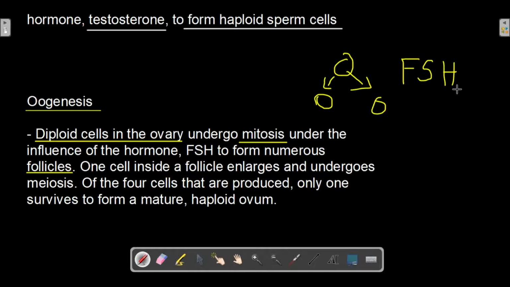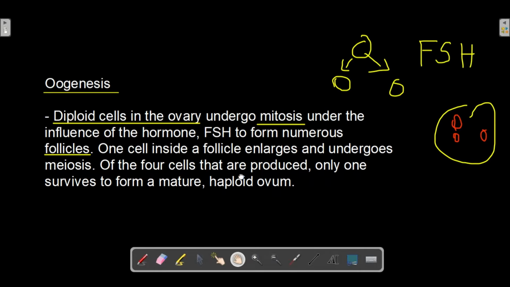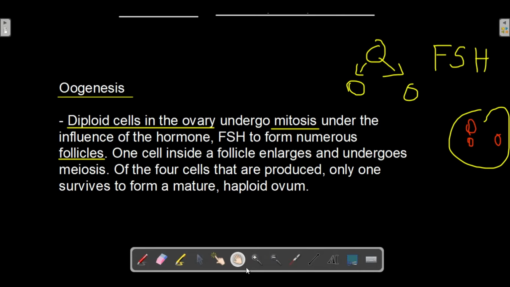The follicle stimulating hormone initiates the production of follicles. Follicles are structures inside which egg cells grow and mature. So these follicles are formed by the mitosis of diploid cells in the ovary under the influence of FSH, which is the hormone.